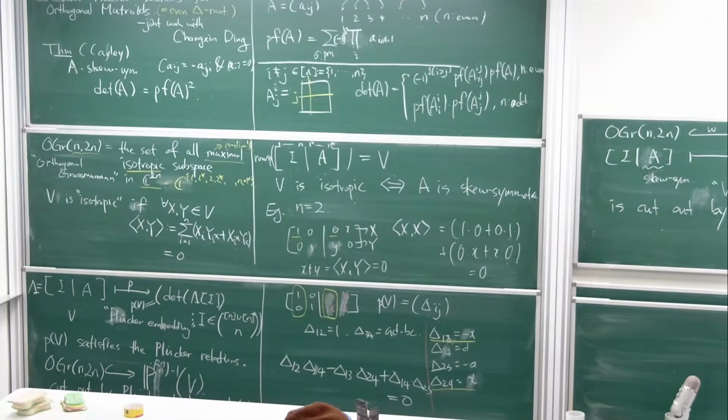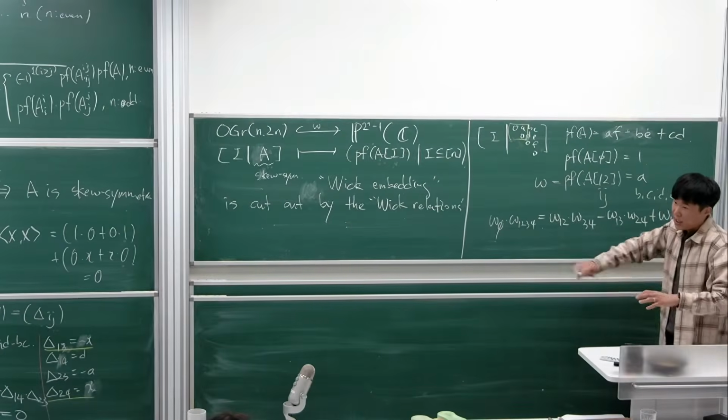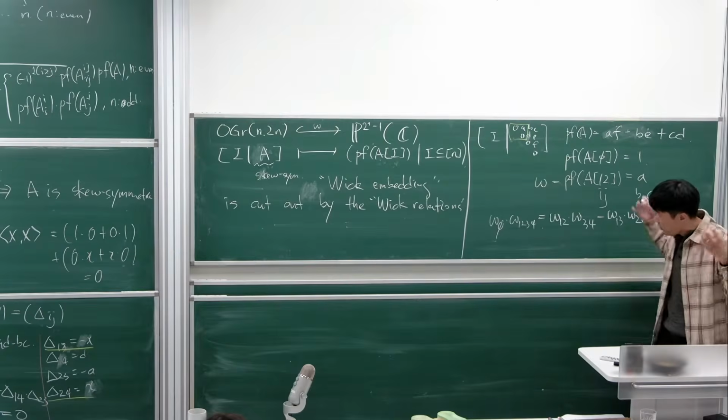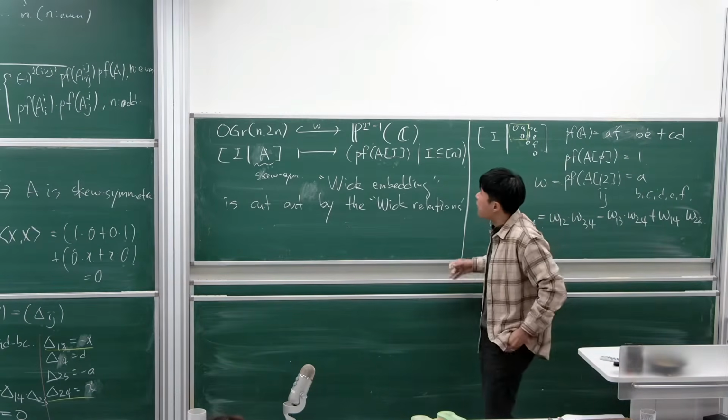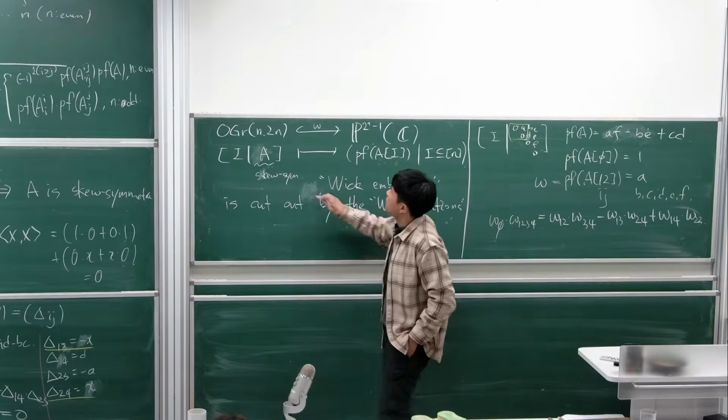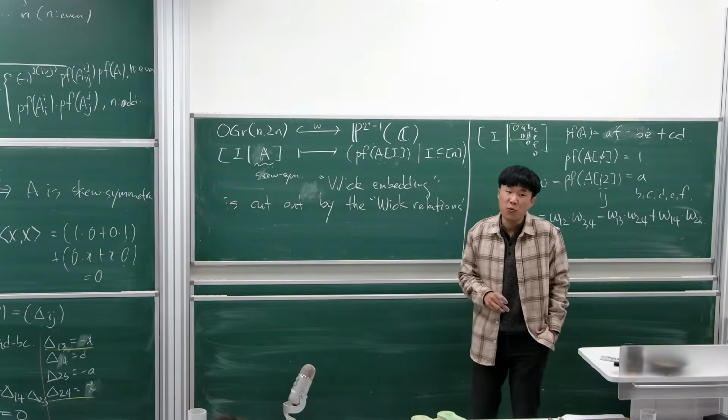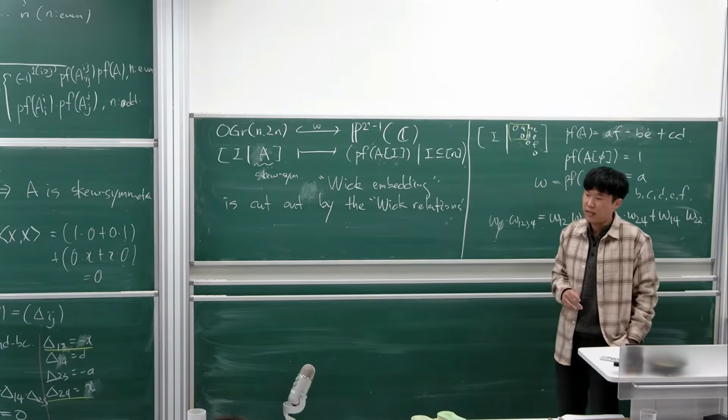So still, we have some kind of Wick relation. I will not give you the precise definition of all possible Wick relations, but if we collect all of them, it uniquely determines our original maximal isotropic vector space.